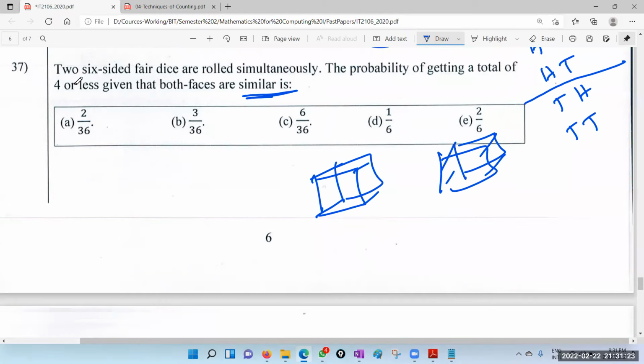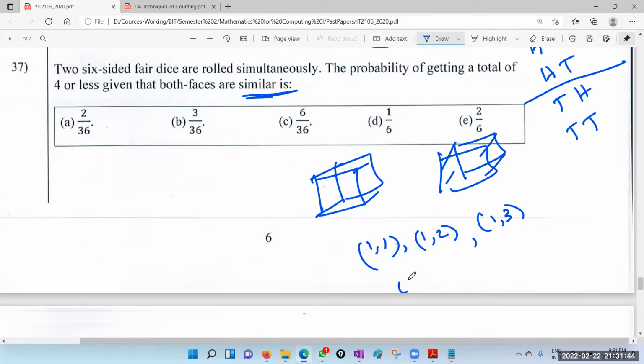Probability of getting a total of 4 or less: what are the possibilities? 1 1, 1 2, 1 3; 1 4 is not there because 1 plus 4 is 5.